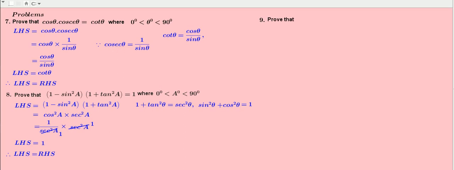Problem 9. Prove that sin theta by cosecant theta plus cos theta by secant theta equal to 1. It is understood that theta is an acute angle. Take LHS. LHS equal to sin theta by cosecant theta plus cos theta by secant theta.